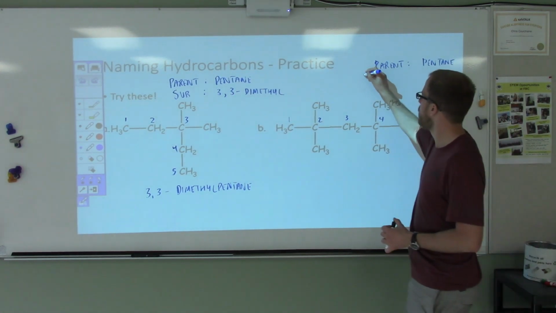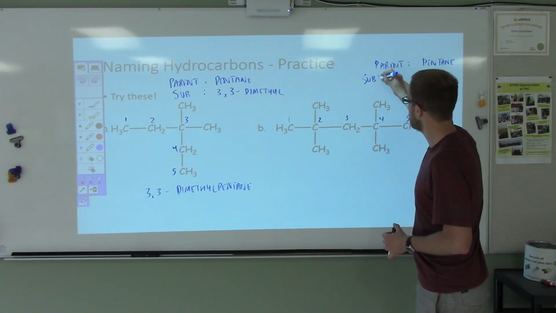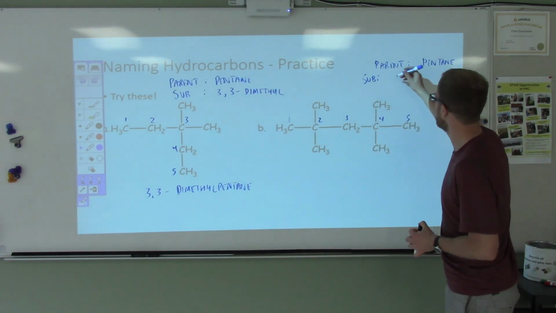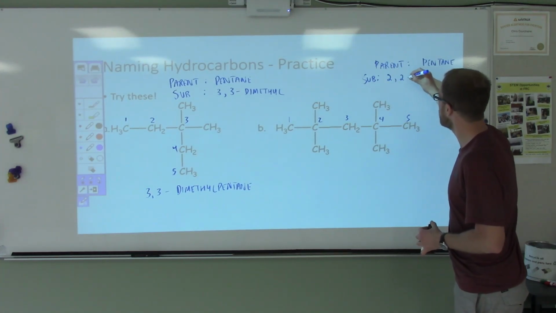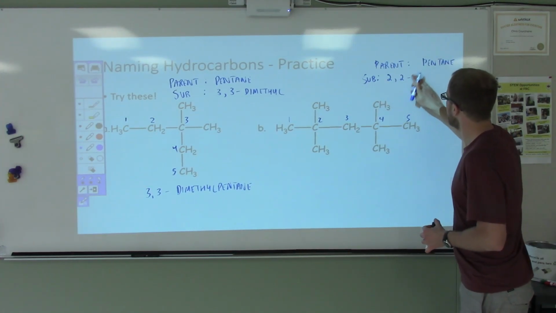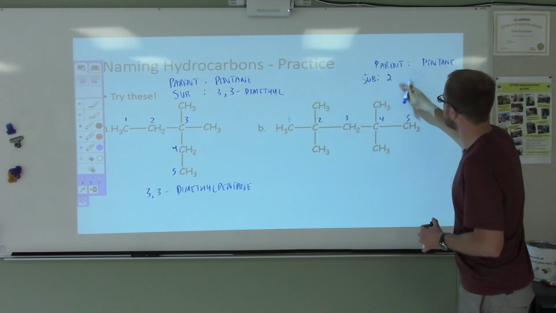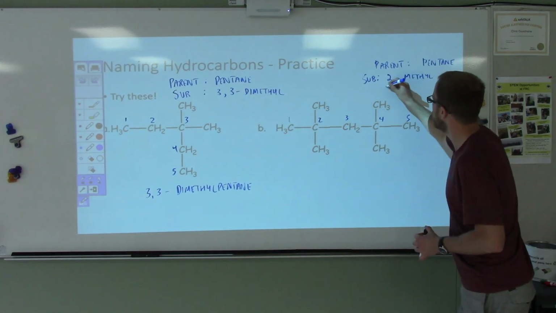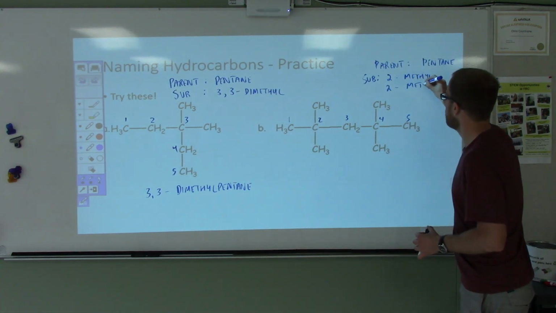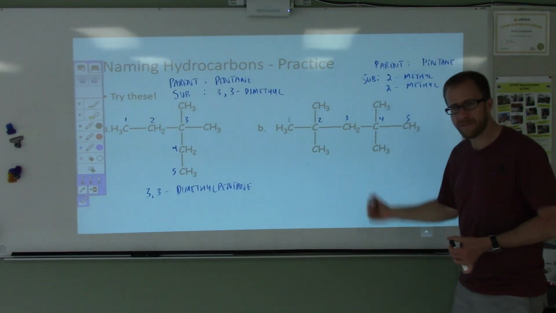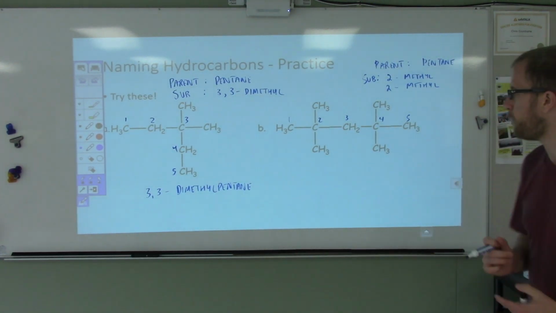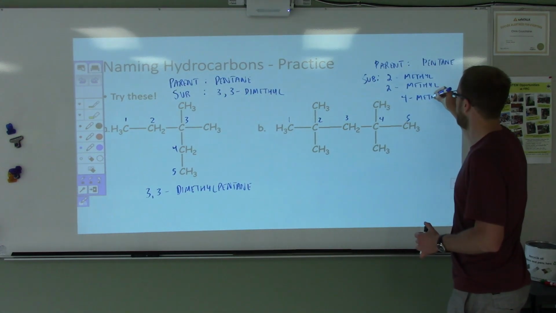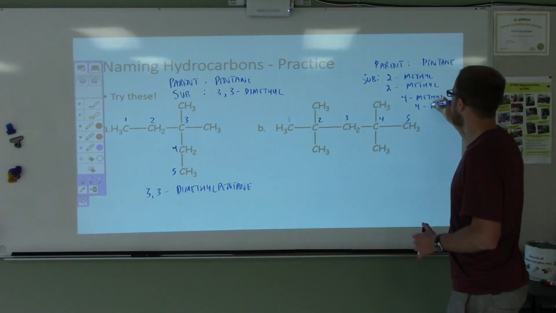But this time, we have a couple more substituent groups. We have 2 methyl groups on carbon 2. So that's 2, 2. You know what, we're going to make it easy. I'm just going to put 2-methyl, 2-methyl, and then we have 2 methyl groups on carbon 4. So that's going to be 4-methyl, 4-methyl.